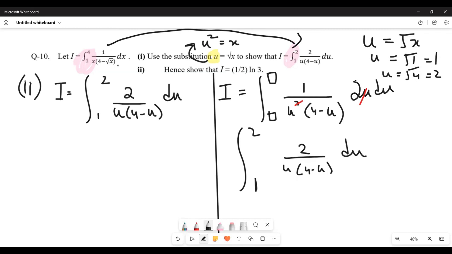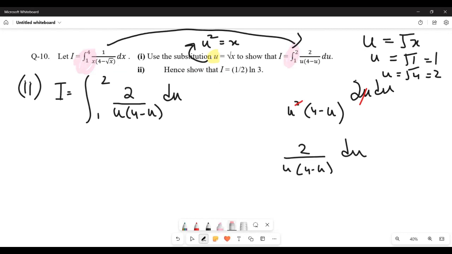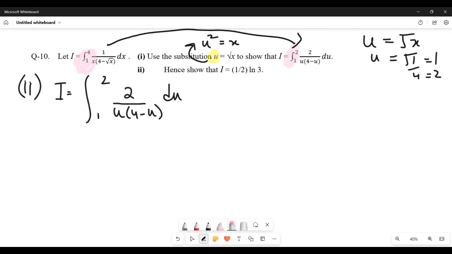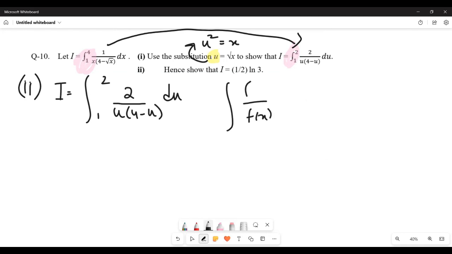Okay, so again, there's a function in the denominator, which is 4u minus u square, and we do not have its derivative in the numerator. So we cannot use this rule of integration, where f(x) should be in the denominator and its derivative in the numerator, so that it becomes ln f(x). That isn't being used.